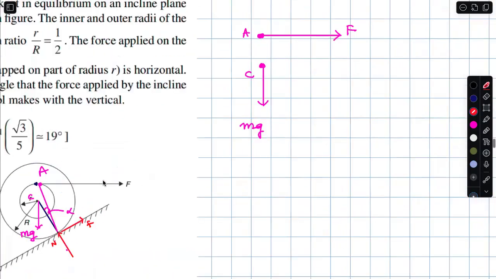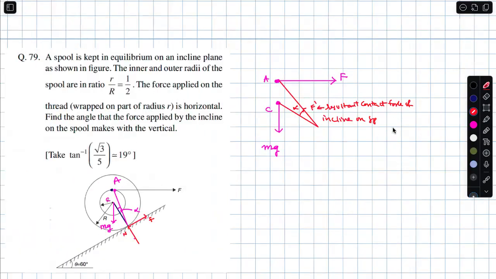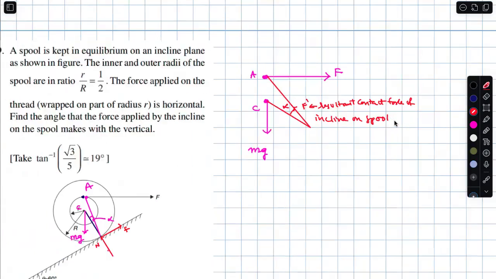If their resultant contact force F dash, the resultant contact force of incline on spool, passes through A, then torques are zero.